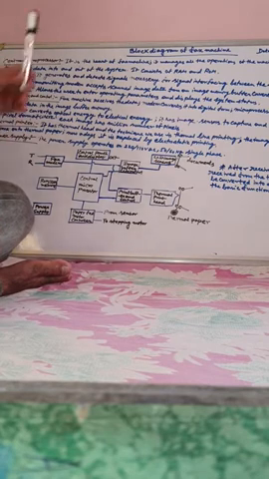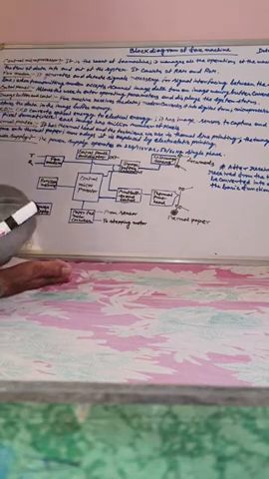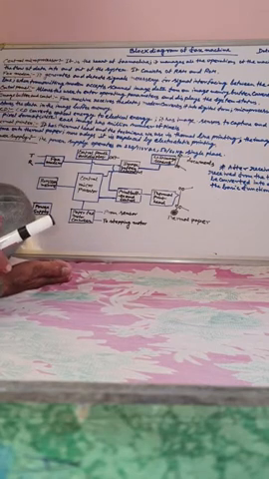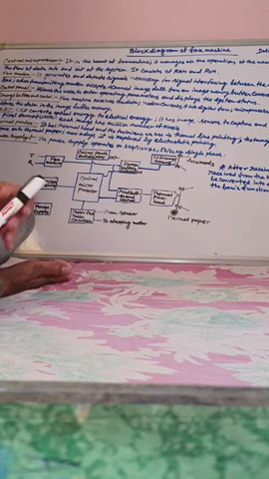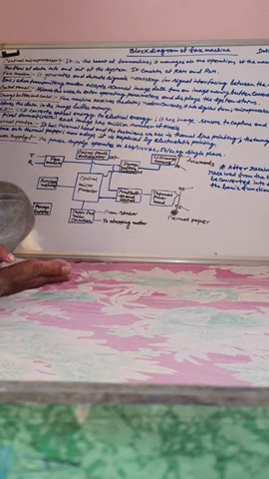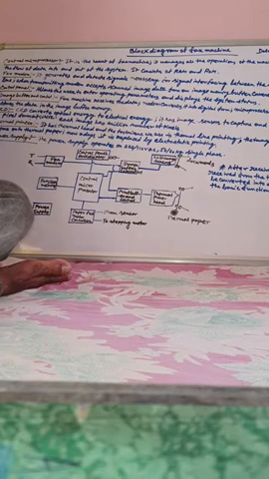For your kind attention, this is the block diagram of the facsimile. You need to understand each block: central microprocessor, fax modem, control panel, image buffer and control, CCD, thermal printer, power supply.